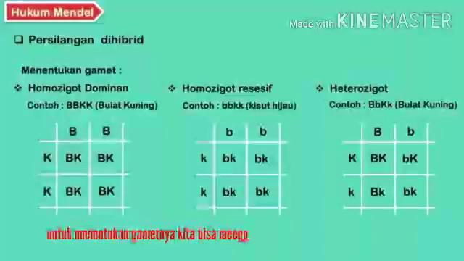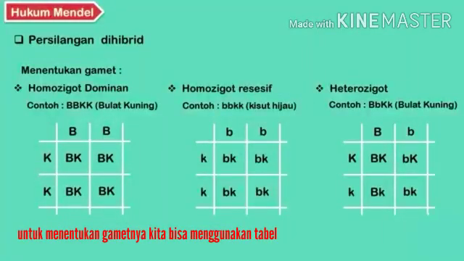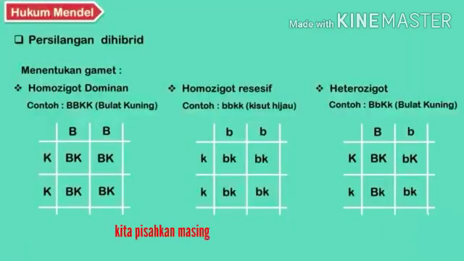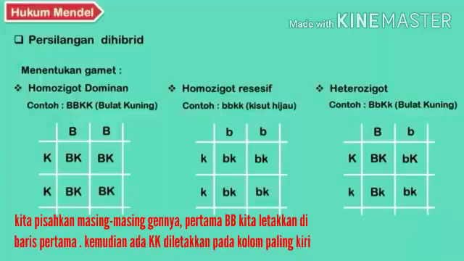To determine the gametes, we can use a table. We separate each of the genes. First, B big, we make in the first row. Then, there is the K big, located in the left column.